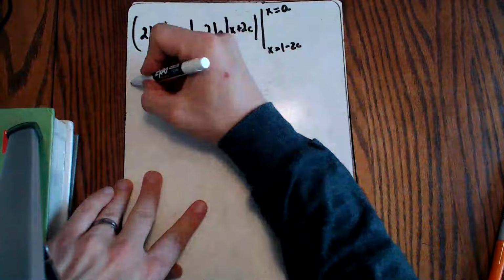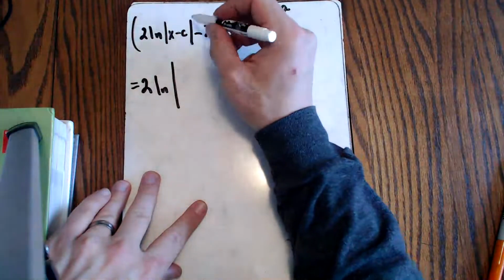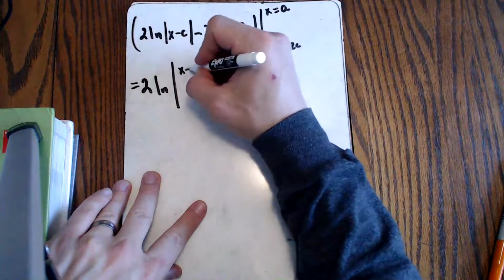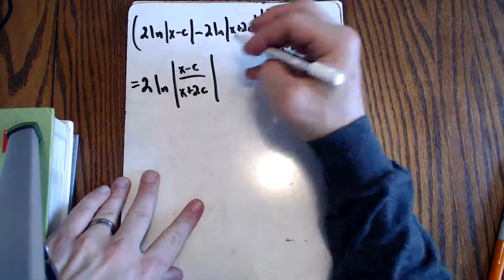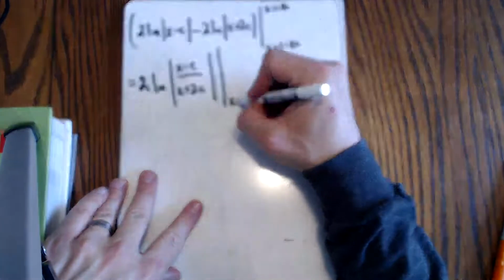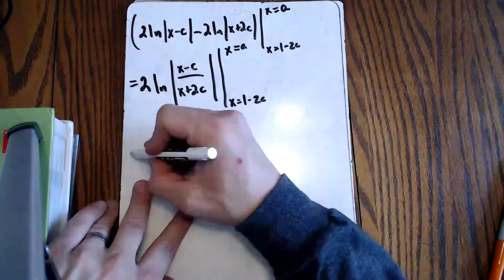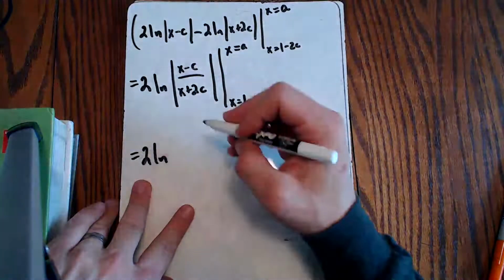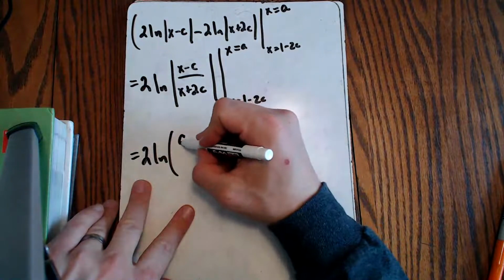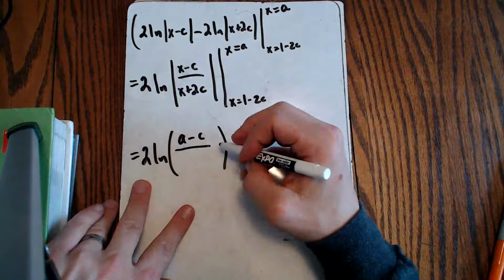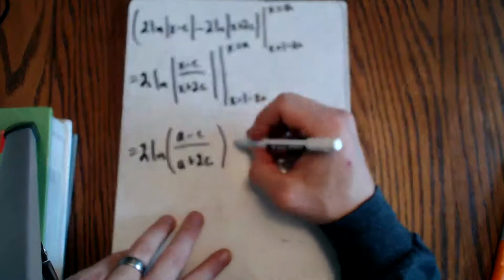You could do the same trick of pulling out the common 2 and calling it the difference of logs the log of a quotient. Okay, so now let's plug in a, and we get log of a minus c divided by log of a plus 2c minus sign.